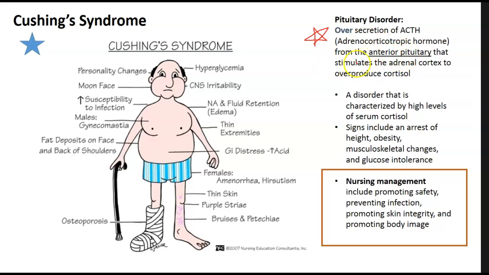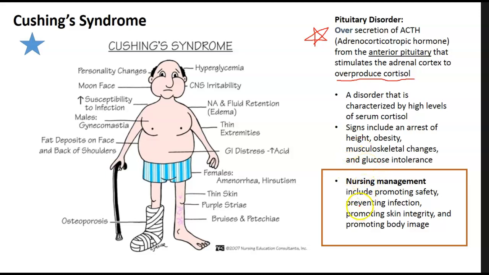That stimulates the adrenal cortex to overproduce cortisol. So basically, it's a disorder that's characterized by high levels of serum cortisol. Signs can include an arrest in height, so shortened, obesity, musculoskeletal changes, and glucose intolerance.